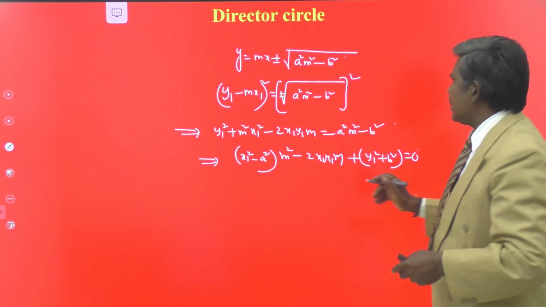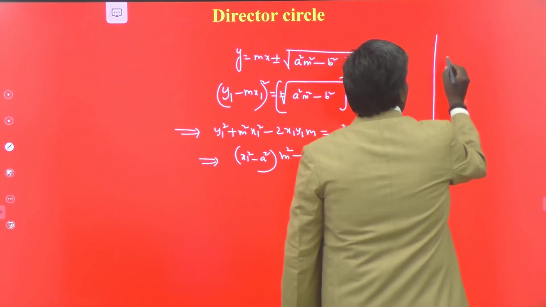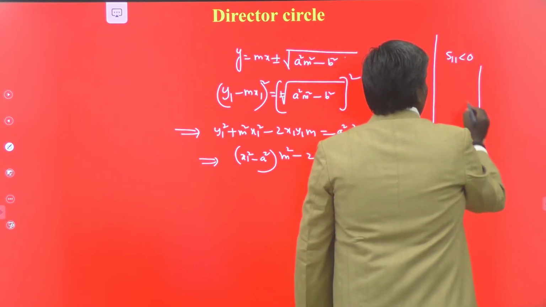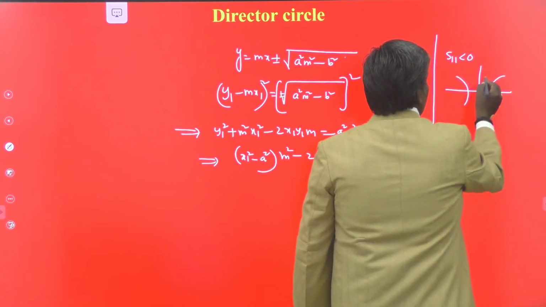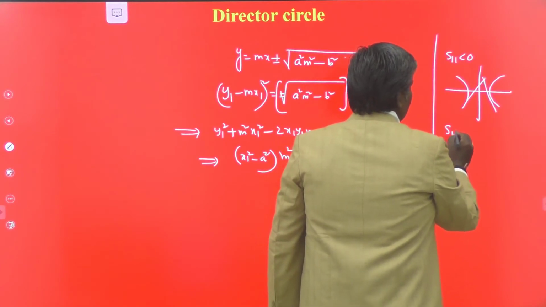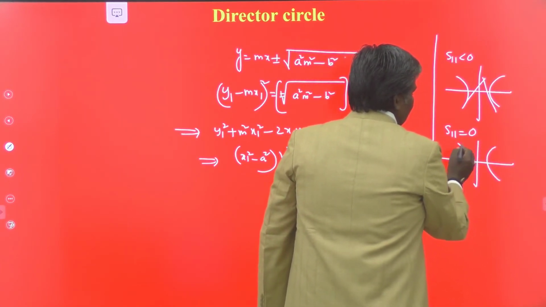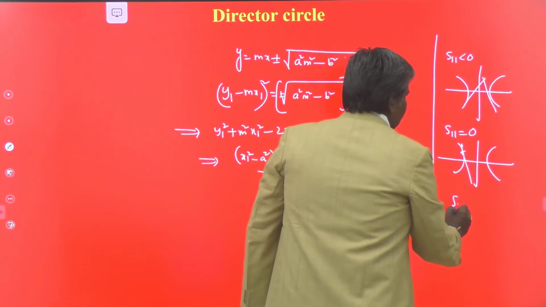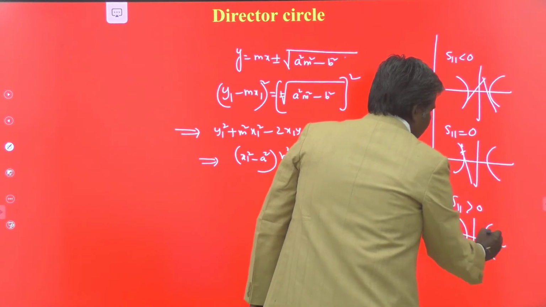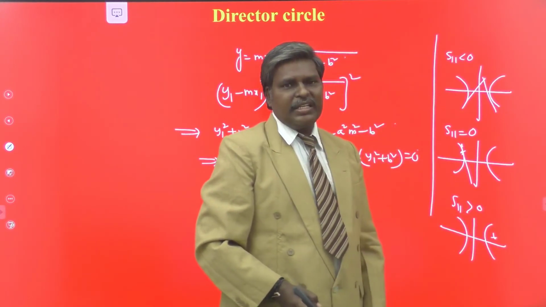In the same manner here, what is the condition for your point to be outside the hyperbola, my dears? S11 less than 0. Then we can draw two tangents to the hyperbola. If S11 equals 0, the point is on the hyperbola, and you can draw only one tangent at that point. If S11 is greater than 0, the point is inside the hyperbola, and we can't draw any tangent. So at most two tangents can be drawn.